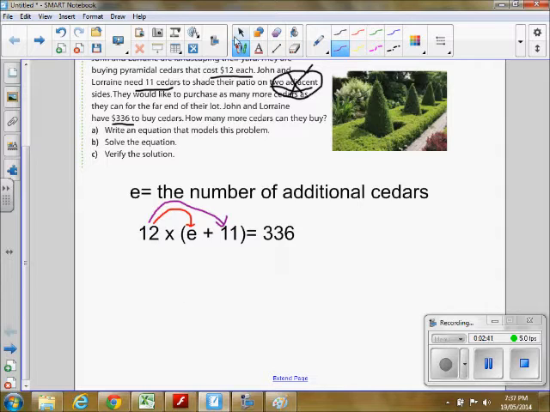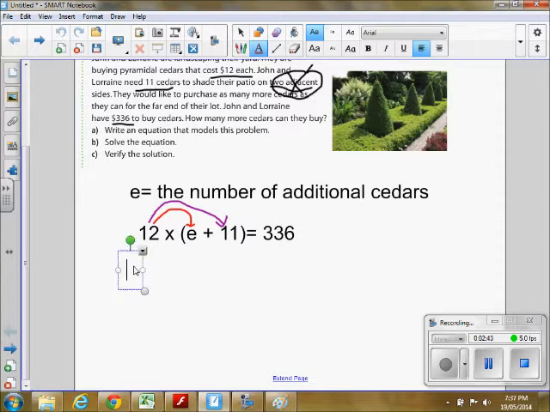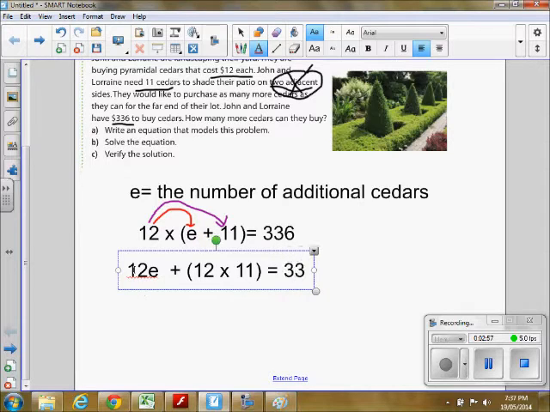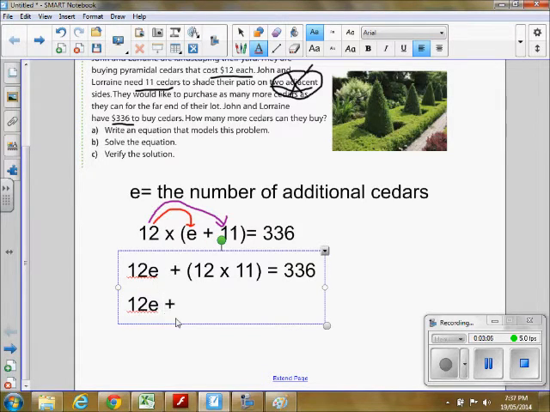So your equation would look like this: 12E plus 12 times 11 equals 336.